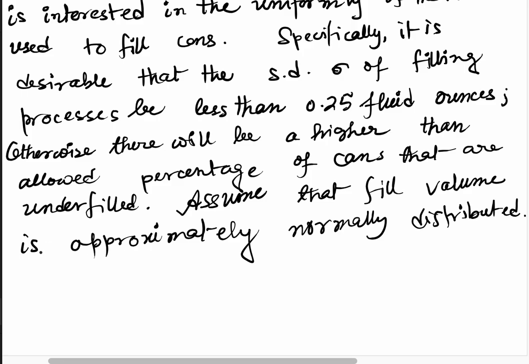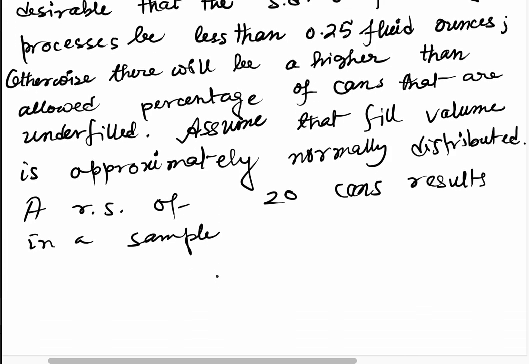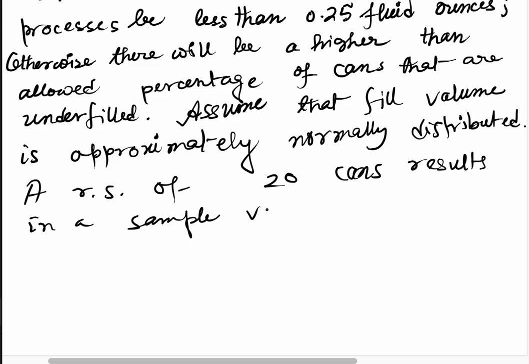A random sample of 20 cans results in a sample variance, that is s square, equal to 0.0225.